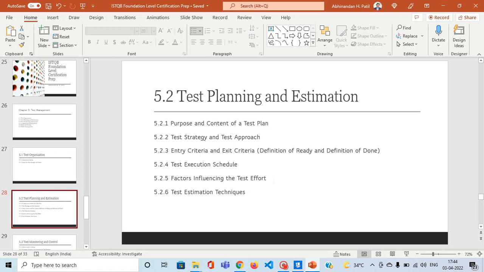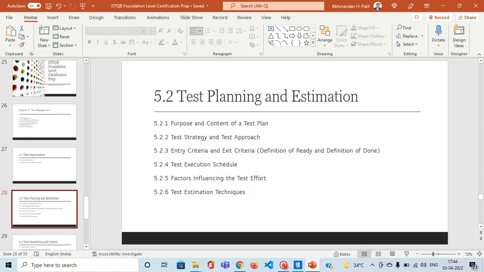Next is test estimation techniques. There are basically two types of test estimation techniques. One is metrics based, another one is expert based. In the metrics based technique, we take some former or previous similar project, and on the basis of that, we make estimations.